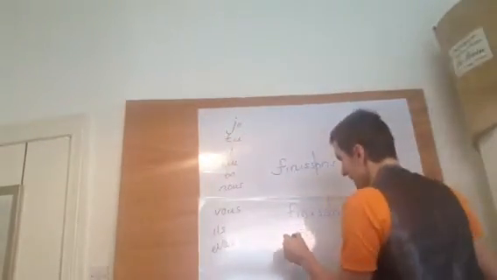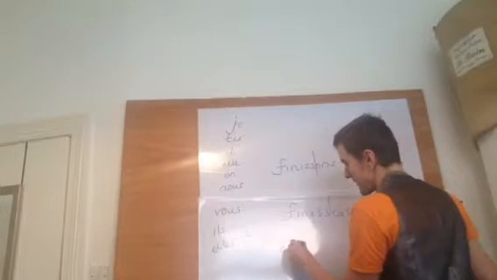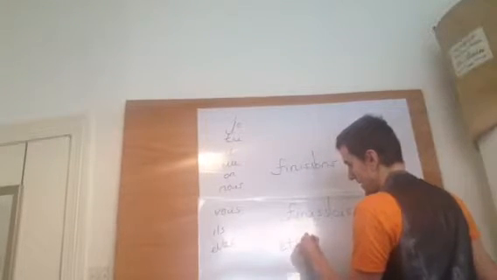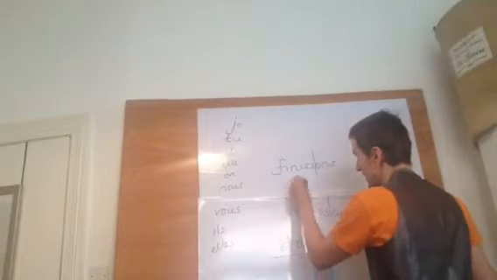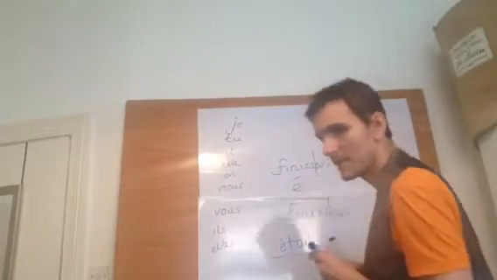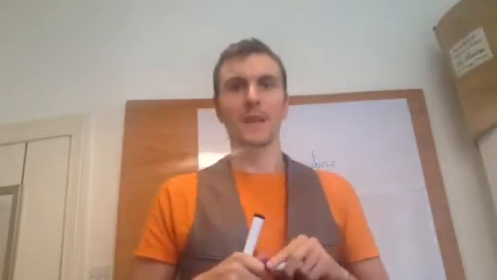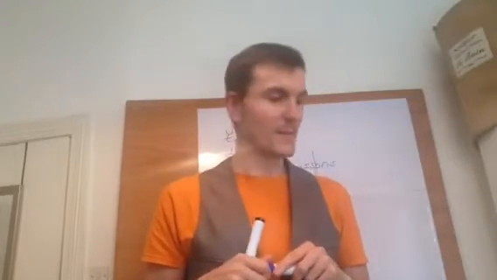The only thing that happens here, okay, is that we have an E with an acute, okay? We have an E with an acute. Now, I have to stress a couple of other things.